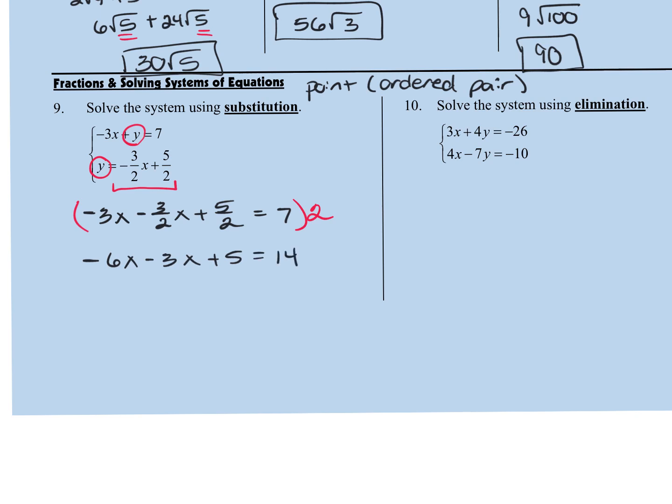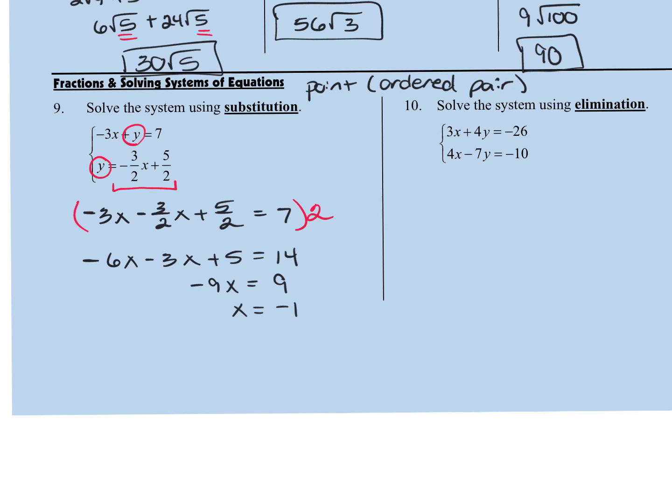Now I'm going to continue solving. I'm going to go ahead and leave this -9x over here. It's a little awkward because it's negative, but that's fine. Subtract my 5, I get a 9, so I can now see that my x is a -1. Using this x value of a -1, I can come back and I can substitute into either equation that I want to do.